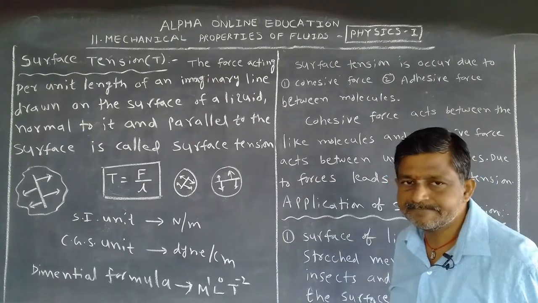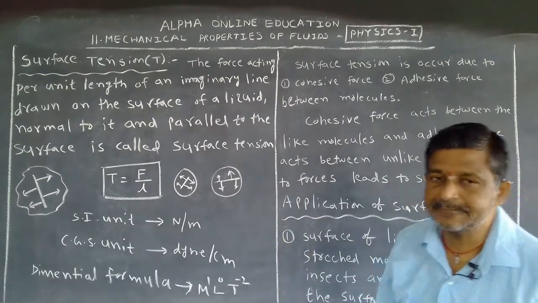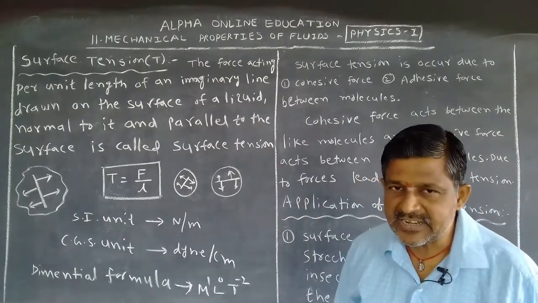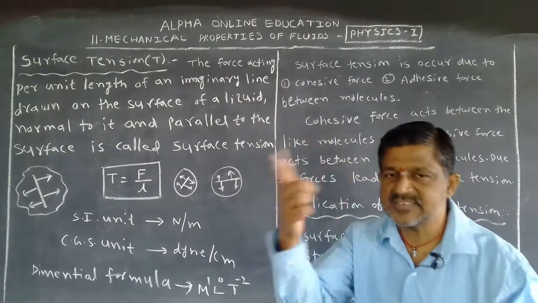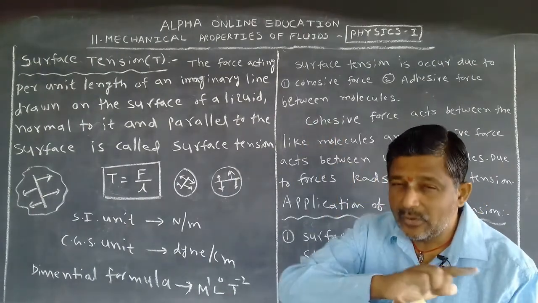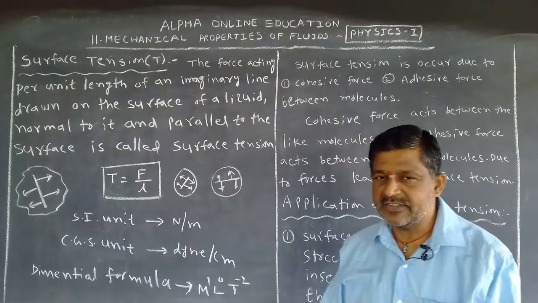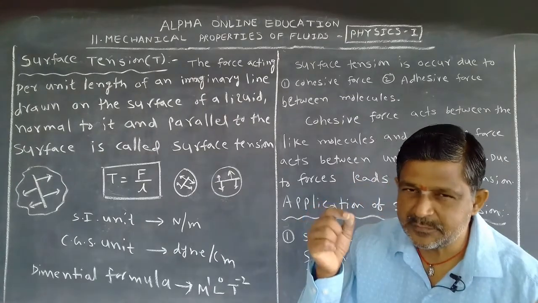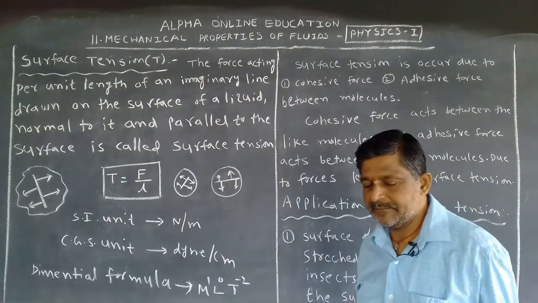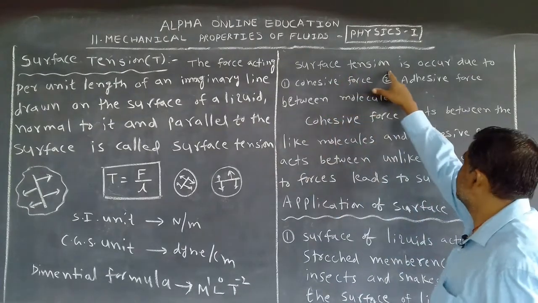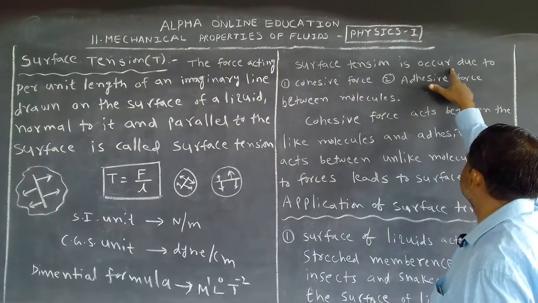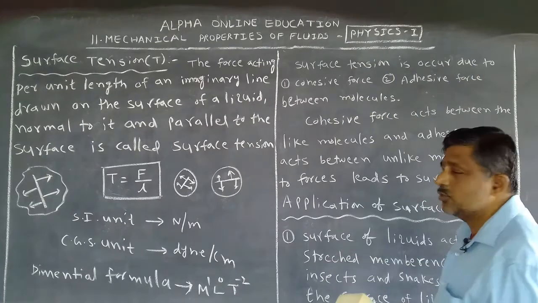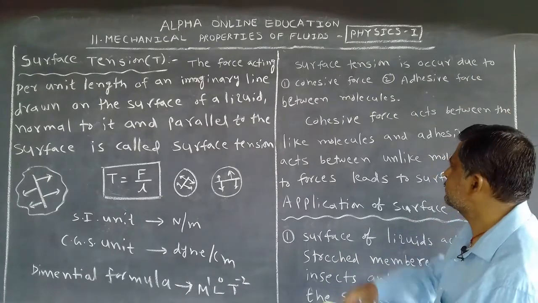This surface tension property is exhibited by the liquid's surface. Why only on the surface of the liquid? This behavior is exhibited by the liquids. Surface tension occurs due to two forces.